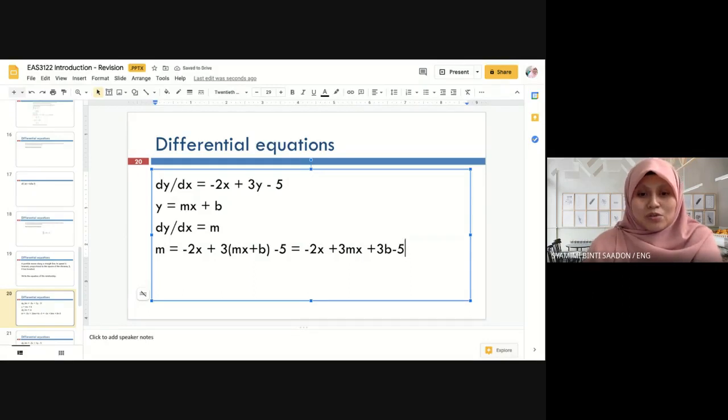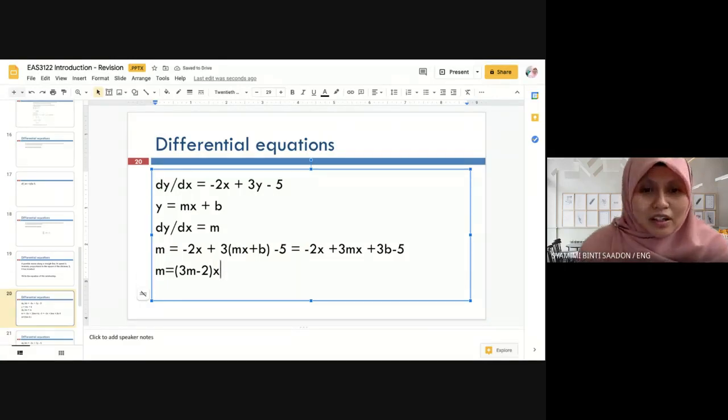Okay, so if we compare this solution equation with dy/dx, we have m equals to 3mx minus 2x plus 3b minus 5.